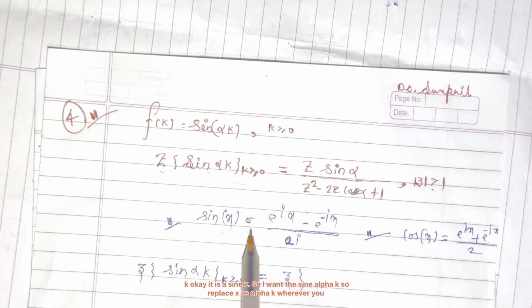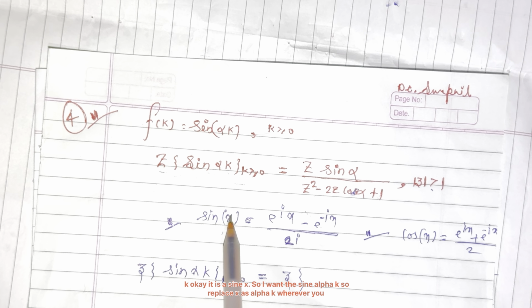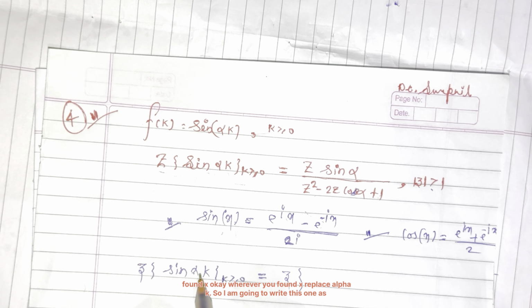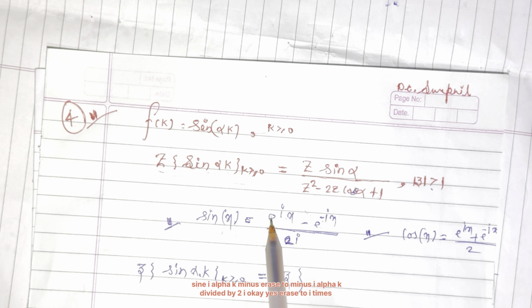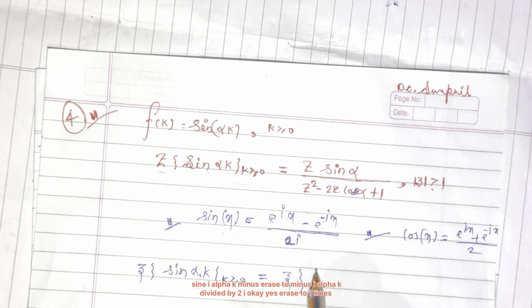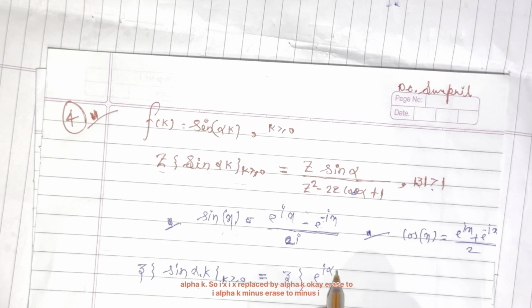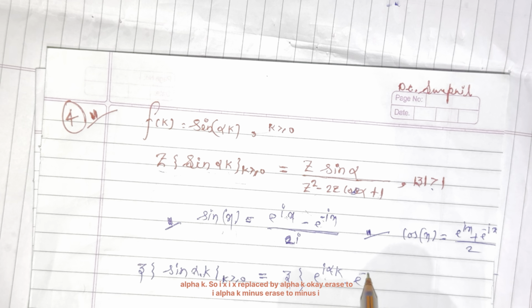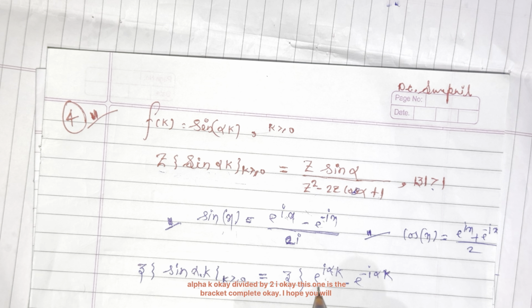Since it is sin x, replace x by alpha k wherever you find x. So I write e raised to i alpha k minus e raised to minus i alpha k, divided by 2i.